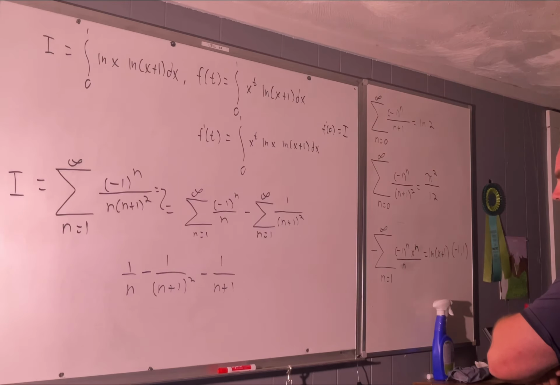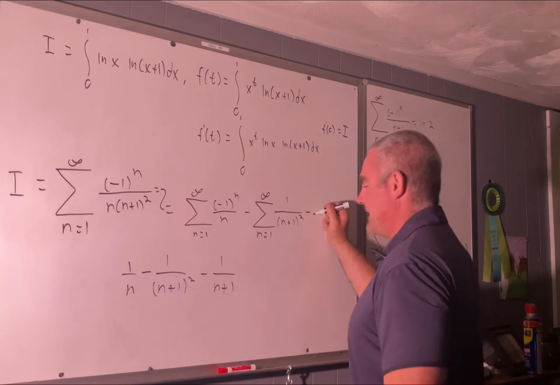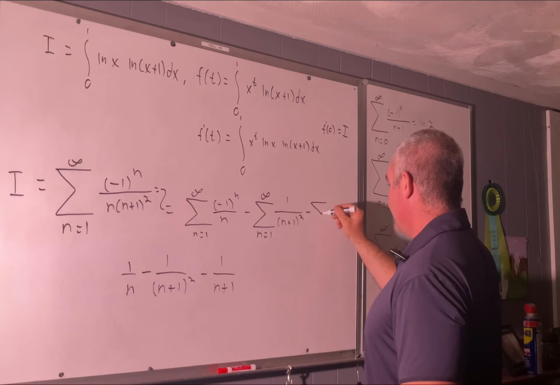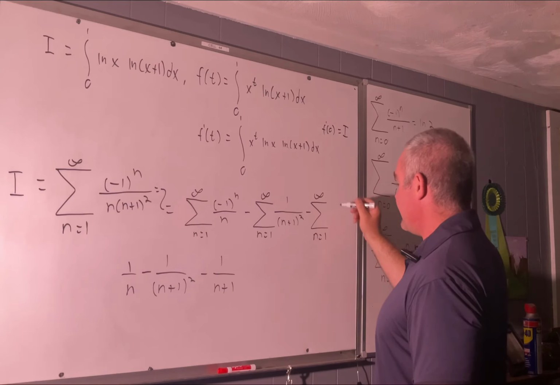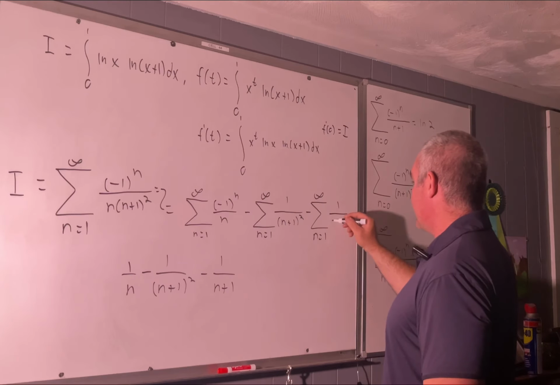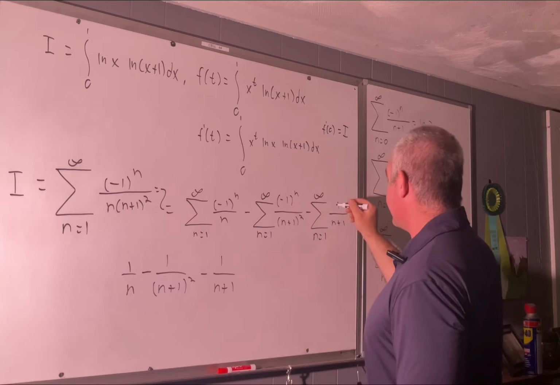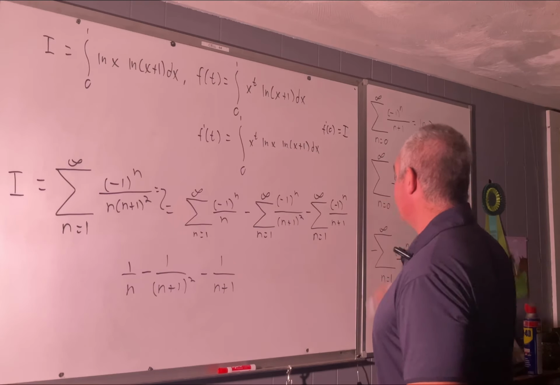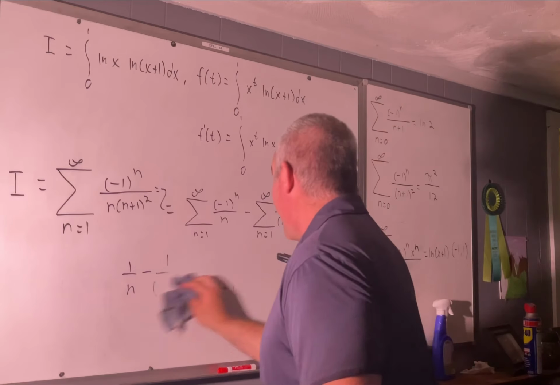Okay. All right, well, let's just keep going. All right, so minus the sum as n goes from 1 to infinity of 1 over n plus 1. And these are all negative 1 to the n's. All right, so that is going to be our I.